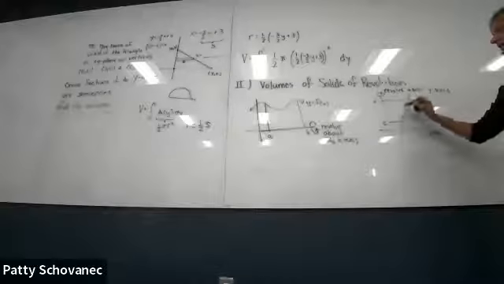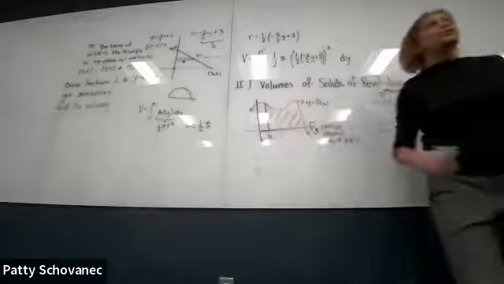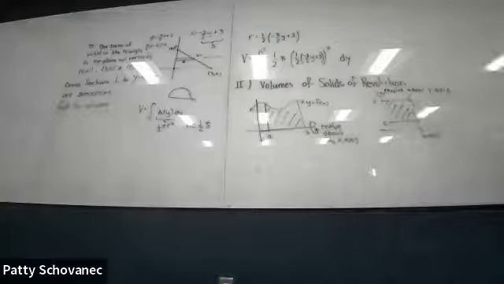So in either case, the boundary line serves as the axis of revolution. If the boundary line serves as the axis of revolution, my plan is my run-of-the-mill plan in calculus. I'm going to take my region and cut it up into little bitty rectangles. That's all we're going to do all semester. Take a region, cut it into rectangles.